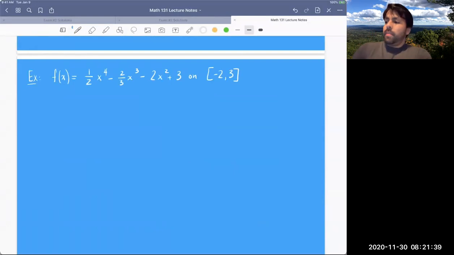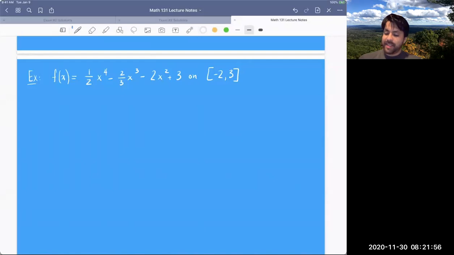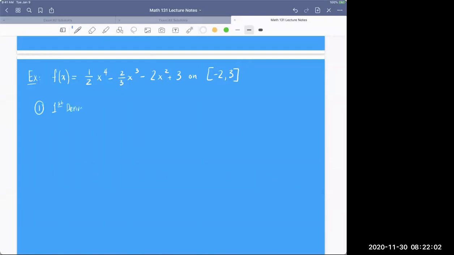So what do we say about this? It's going to be the same thing. Take the derivative. This is a wash, rinse, and repeat type of deal, right?